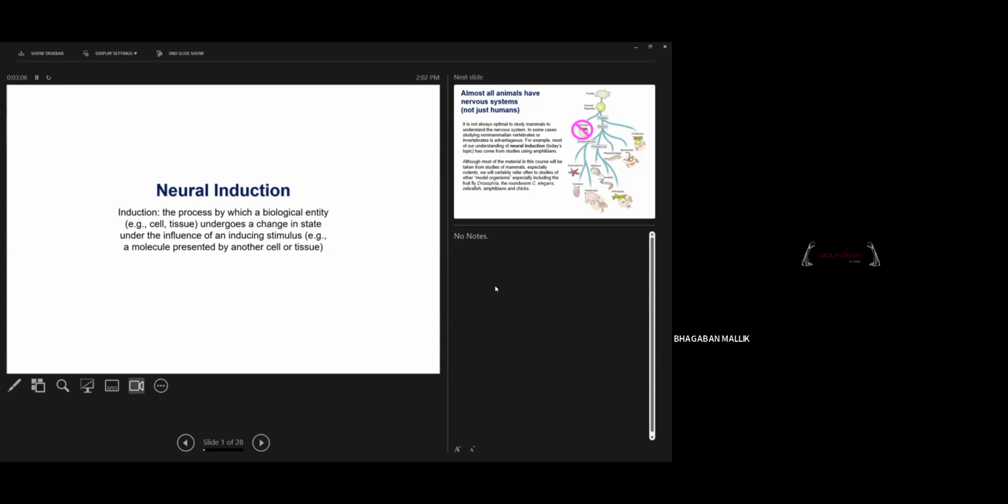That we call neural induction. There are specific signals which have been identified in the past. I'll be talking about them slowly in neural induction: what signals are required during development to change from a particular cell type to a neuronal cell type. We'll go one by one during the course of this lecture.